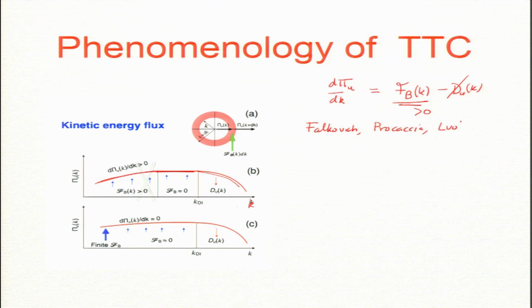L'vov. In the 1991 papers, there are two papers where they had argued, using field theory in a somewhat complex way, but their calculation has one glitch, which is a very important glitch. They had claimed that F_B is negative.